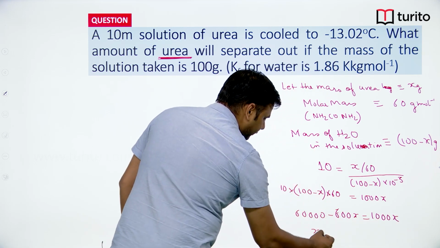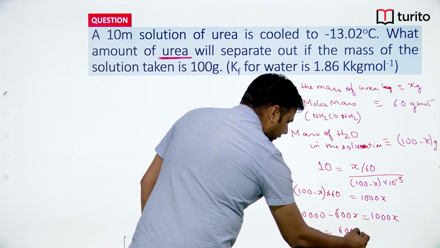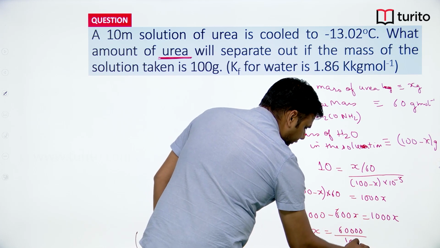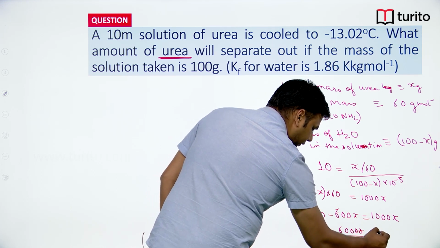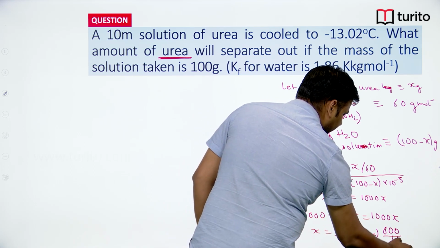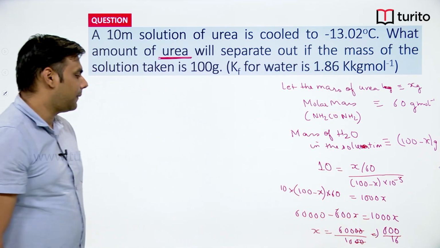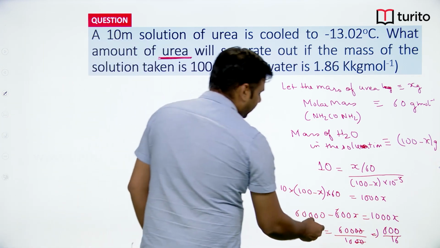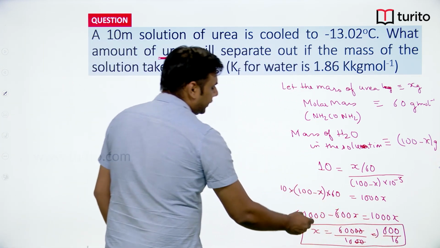So x would be 60,000 upon 1600, which is 600 upon 16. So this would be the mass of the urea initially.